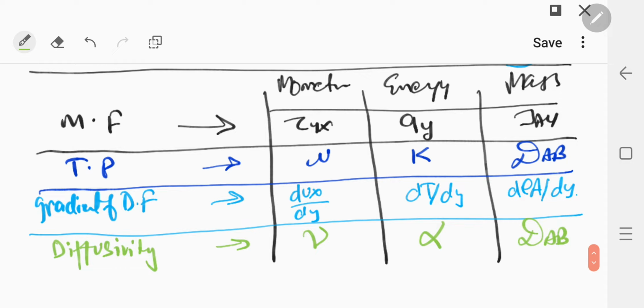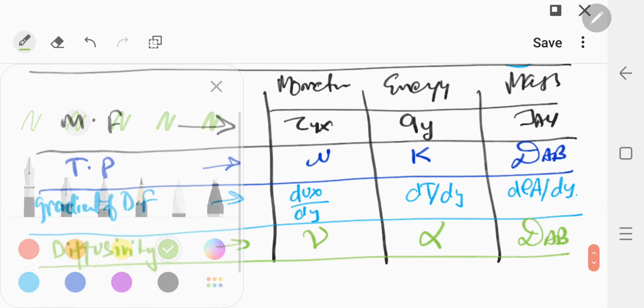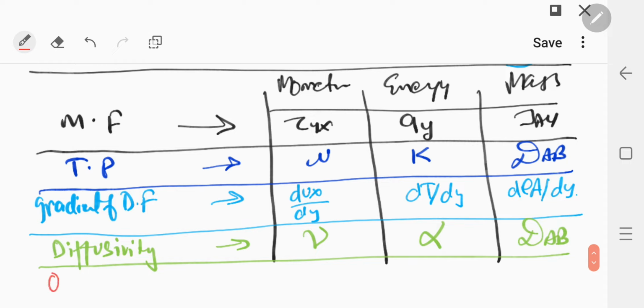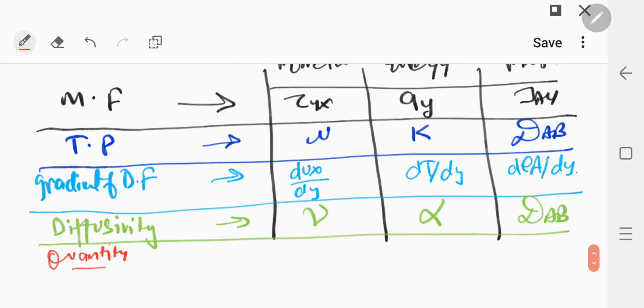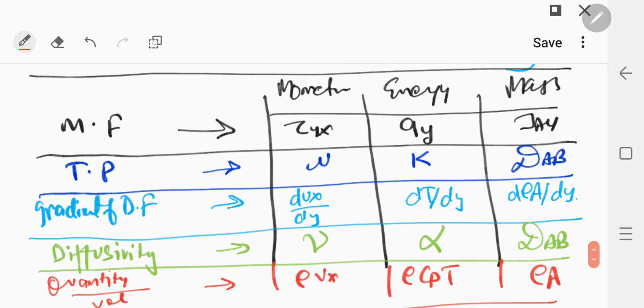Now, what will be the quantity per unit volume? Over here it will be rho Vx, over here rho Cp T, and over here rho A. These are the different quantities per unit volume. You can clearly see the analogies between all these three laws with respect to the diffusivity and the quantity per unit volume.